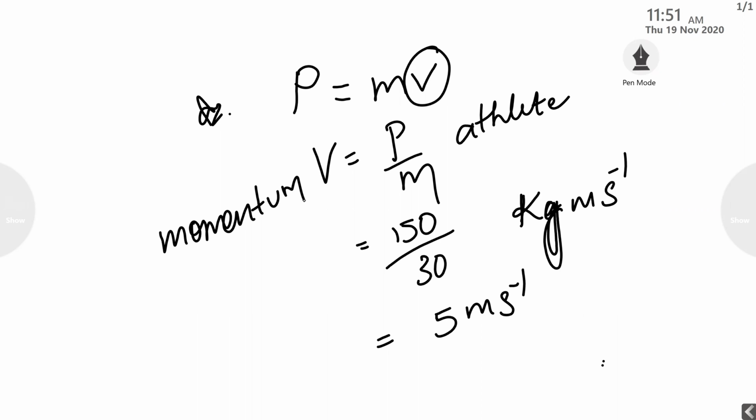You write the answer like this. Momentum is equal to mass into velocity.